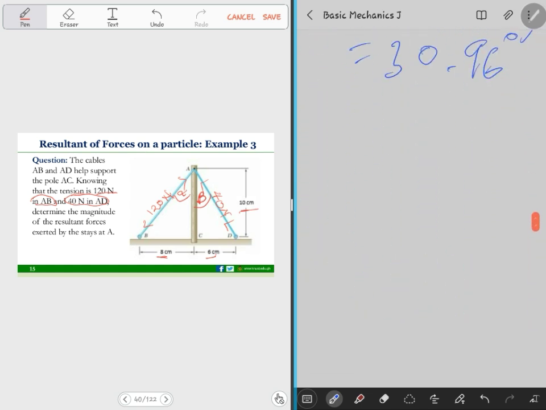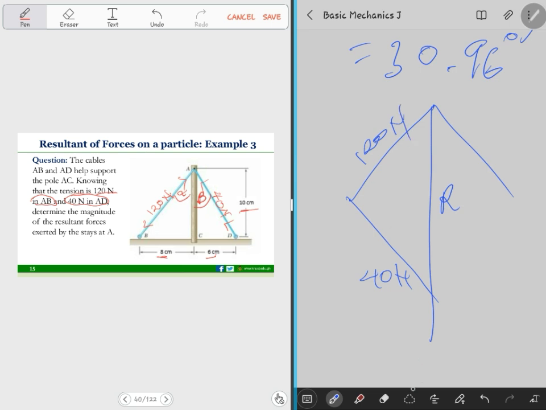If you put the 120 here, and then there's the resultant here, right? This was initially here, so we are trying to make something parallel to it. So that's our 40 newtons, and here's our 120 newtons.